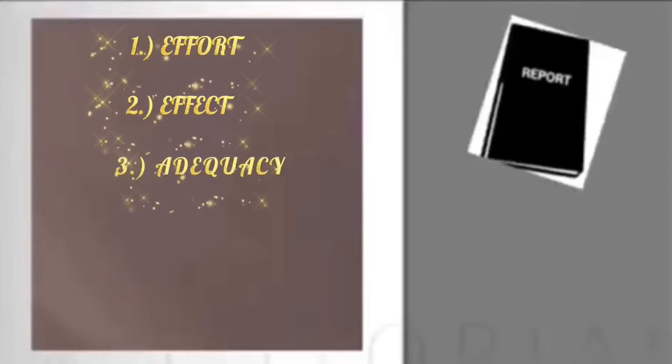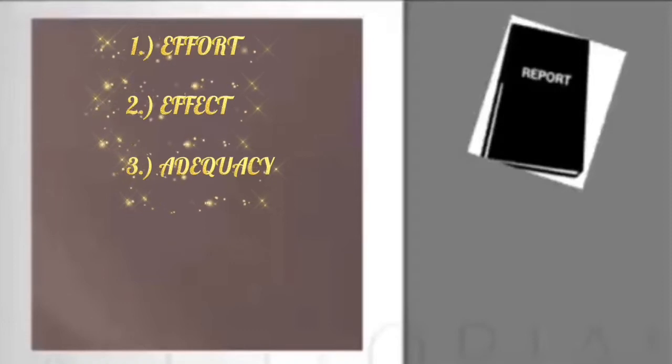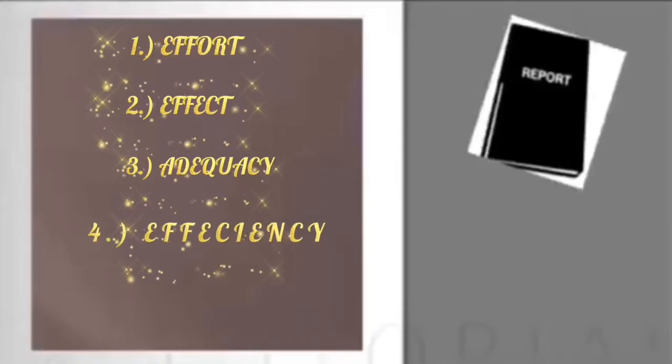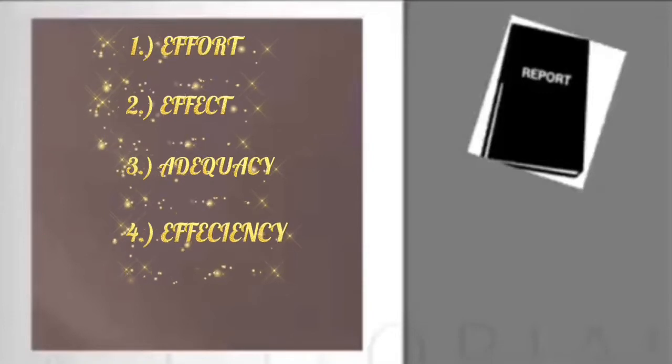The third one is adequacy. In measuring adequacy, trainees need to look into the effectiveness of the project in terms of the number of clients being served. The fourth one is efficiency. This is done by determining the cost-benefit analysis by the trainers of the trainees and identifying the benefits derived from the program.